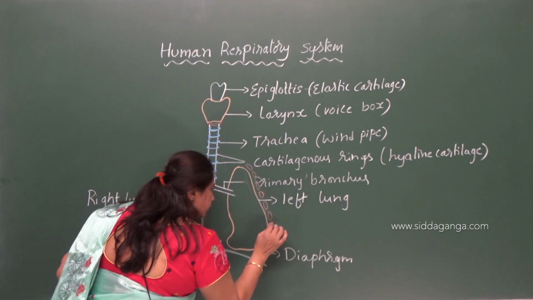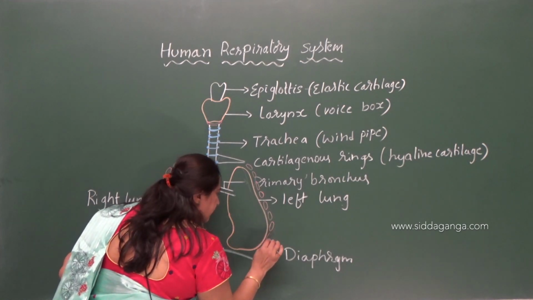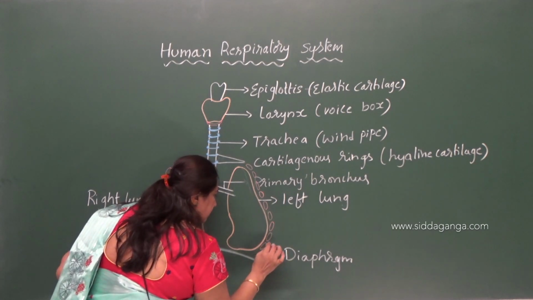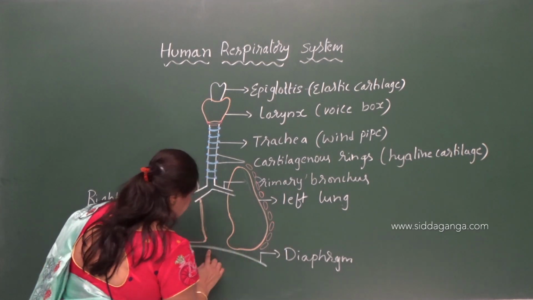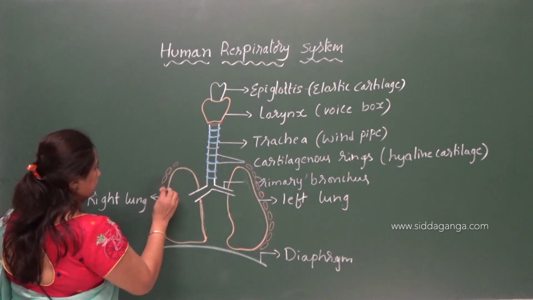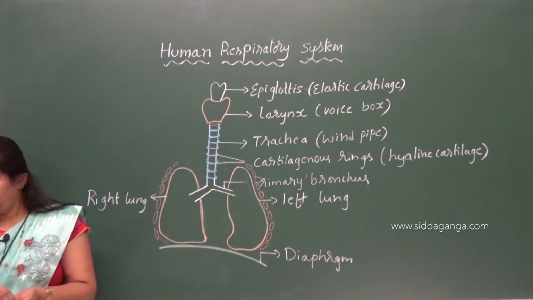So the thoracic cavity is formed by the vertebral column on the dorsal side, sternum on the ventral side, ribs on the lateral side, and on the lower side by diaphragm. Okay.